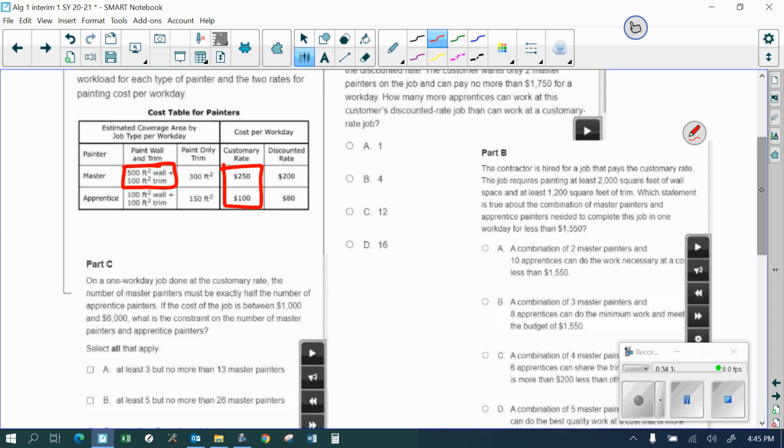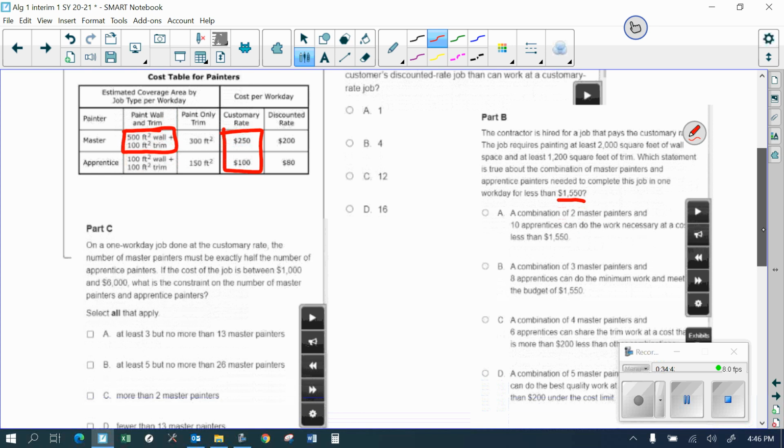Because we want at least 2,000 square feet of wall space and 1,200 of trim. Which statement is true about the combination of master painters and apprentice painters needed to complete this job in one work day for less than $1,550?